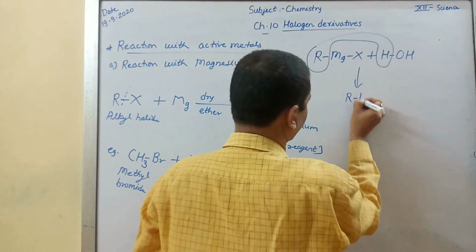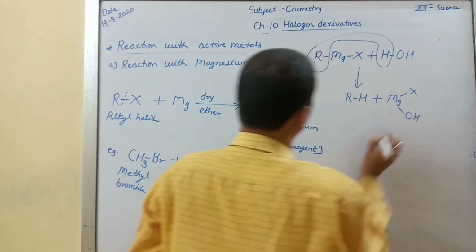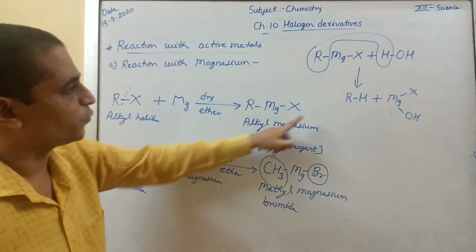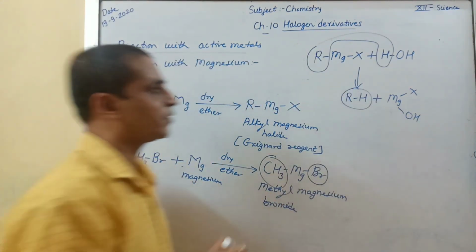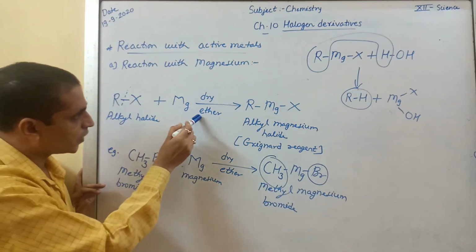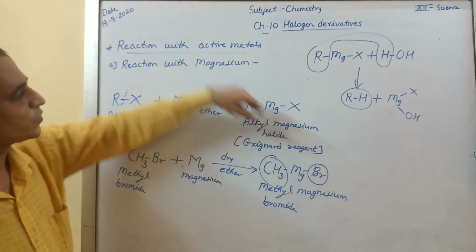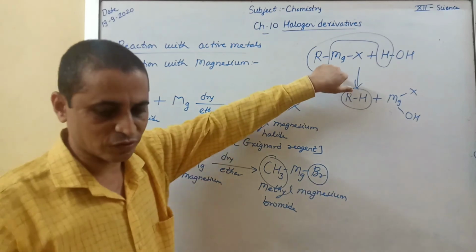You get RH plus MgXOH. So instead of alkyl magnesium halide, you get hydrocarbon. And therefore we require dry ether for the preparation of alkyl magnesium halide, because dry ether absorbs all the moisture.